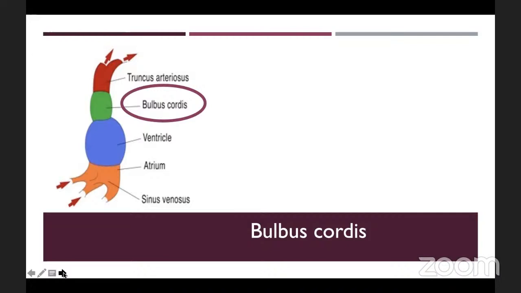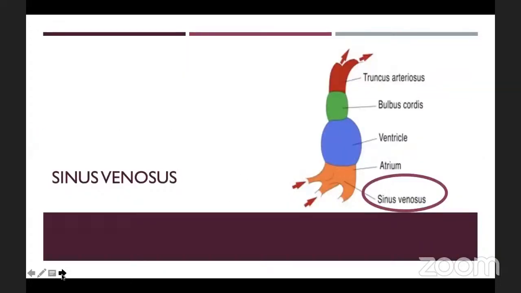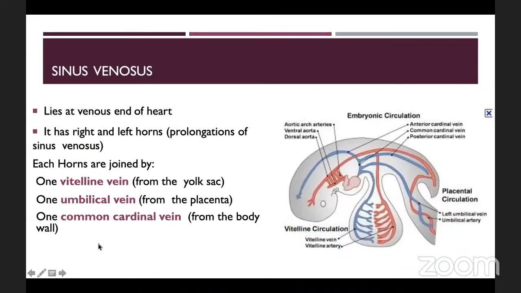Now talking about the bulbus cordis, which lies at the anterior end of the heart and divides into a proximal part, the conus, and a distal part, the truncus arteriosus. The sinus venosus lies at the venous end of the heart. It has right and left horns, prolongations of the sinus venosus.